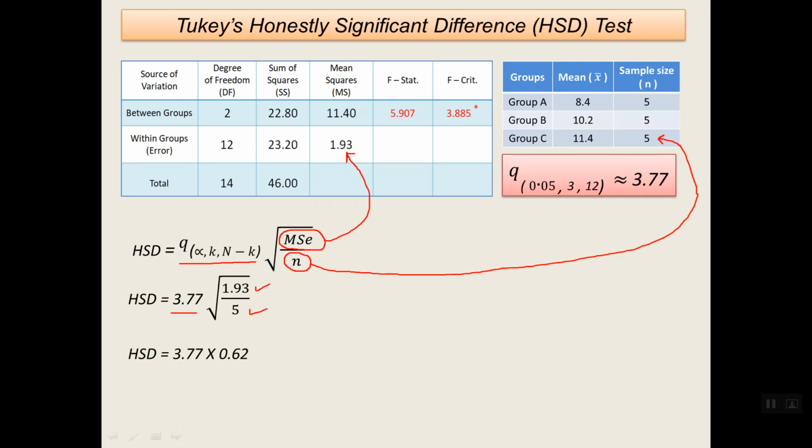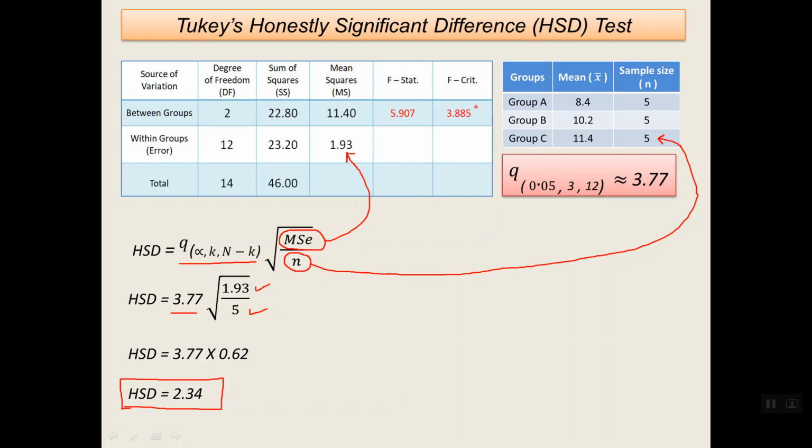If we proceed, we get the value of the Tukey HSD to be 2.34. This is the value of the HSD, and we count for the HSD only one time.